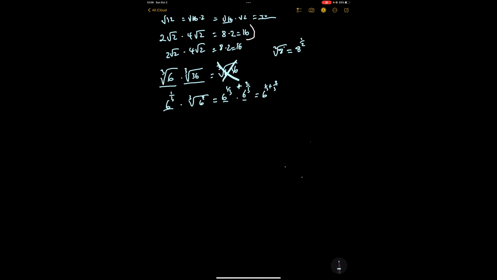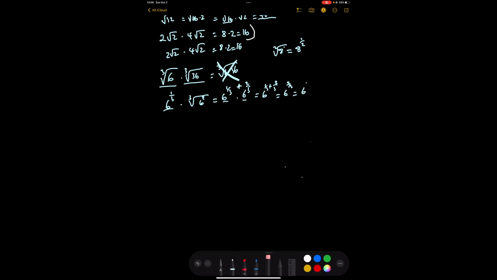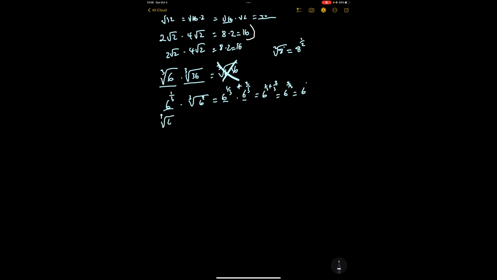And 1/3 plus 2/3 is 6 to the power of 3/3. And what is 3 over 3? It is equal to 1. So basically, the cube root of 6 times the cube root of 36 is equal to 6.